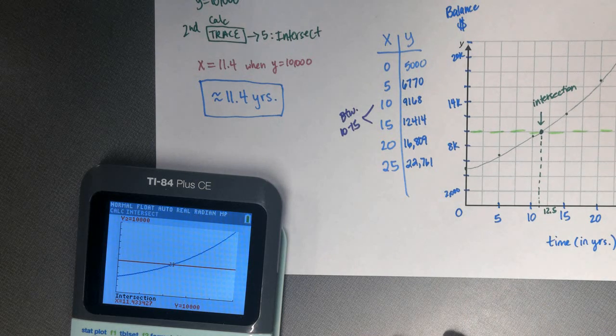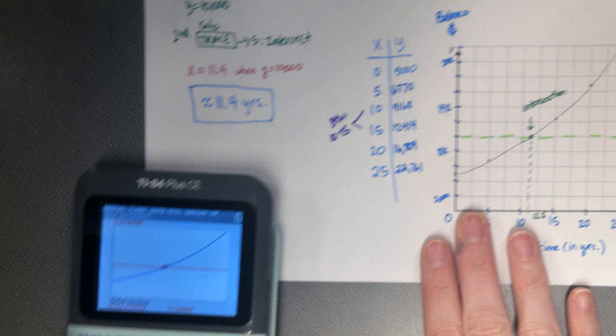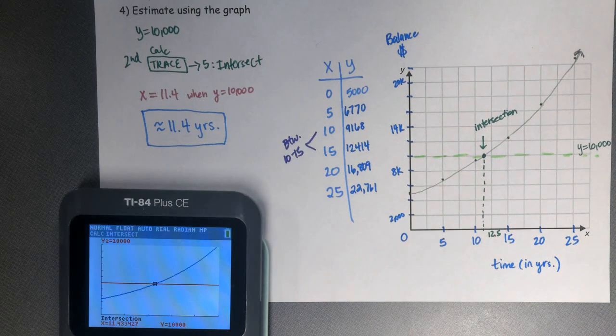Okay, so your graph should be somewhere between 11 and 12, depending on how you made that. Okay, and then how did you guys do at finding the intersection? Pretty good.